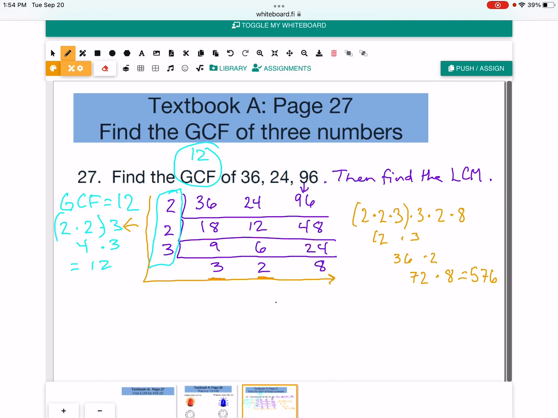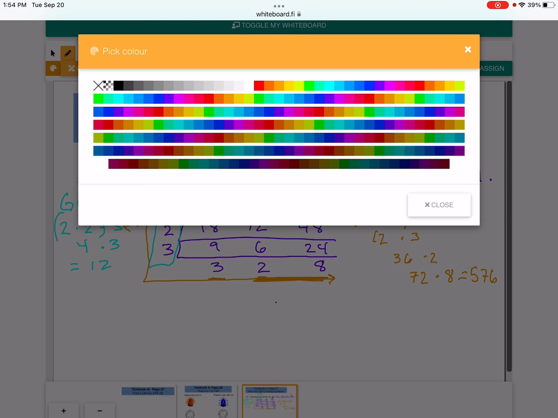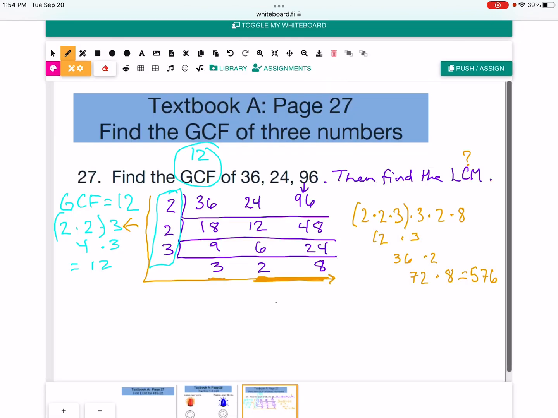And you can check my math. All right, so is this the least common multiple? 576? Well, guess what? We have a common multiple of 2 in the 2 and the 8. So I'm actually going to have to make another factor. And let me switch inks so you can see this later. So I'm going to go ahead and make my ladder, okay?